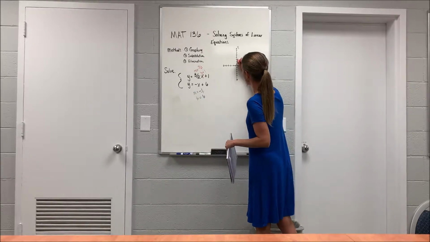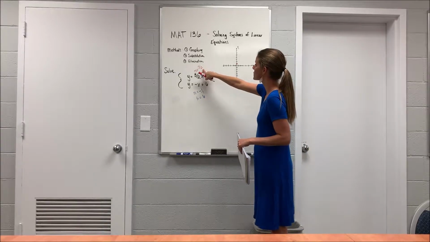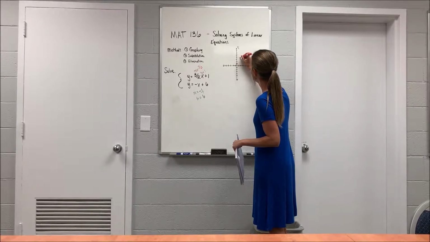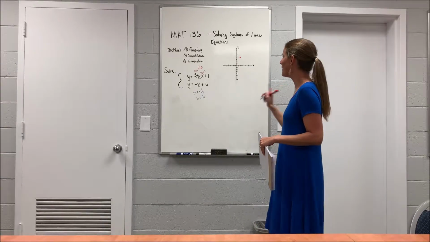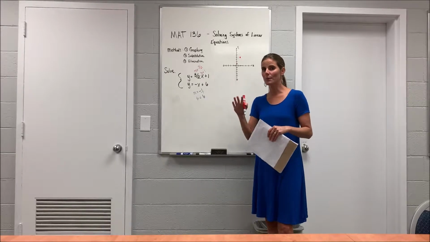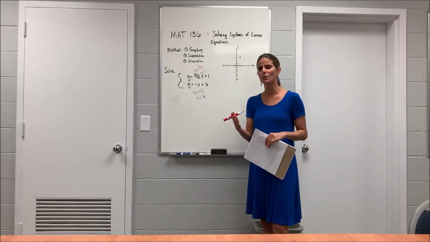I have b equals 1, so that's right here, the y-intercept on the y-axis. And then my slope is 3/2, so I'm going to go up 1, 2, 3, and run 2. So rise is 3, run is 2, and that's my point. We only need 2 points to graph a line, but I'm going to keep going just to make sure I have enough points to see this. In Alex, you won't necessarily need to do that.